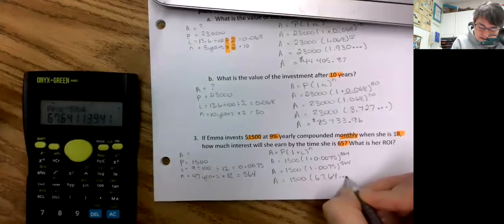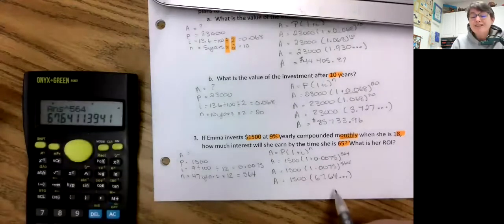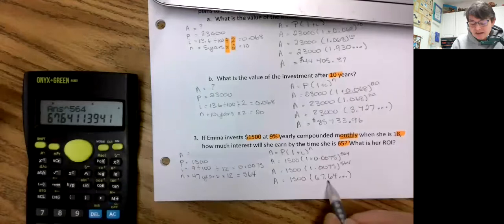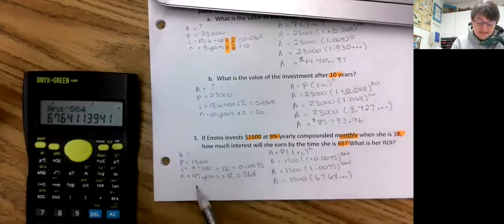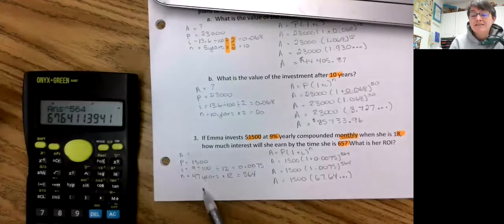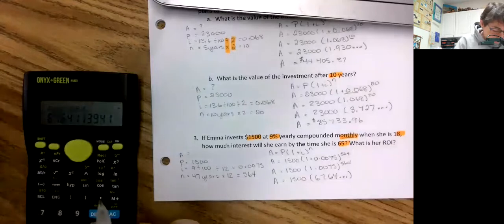67.64. Right? I was going to say earlier, normally this number here, less than 5, less than 10. But again, this is 47 years you let this stuff sit. So let's see what that works out to. Oh.